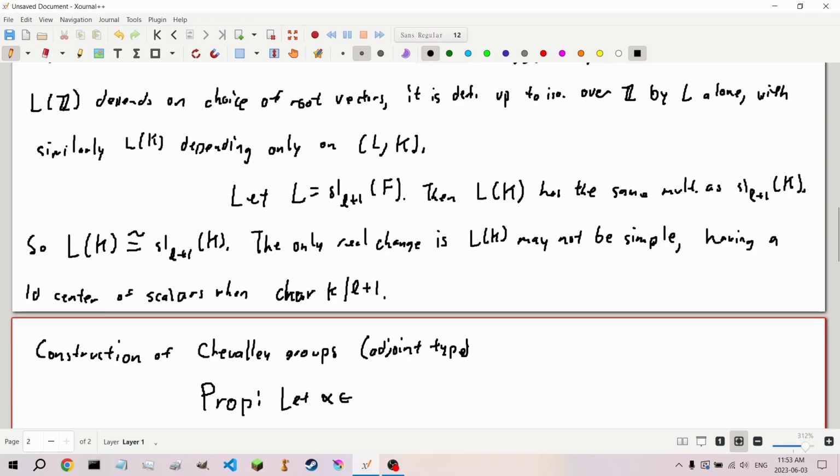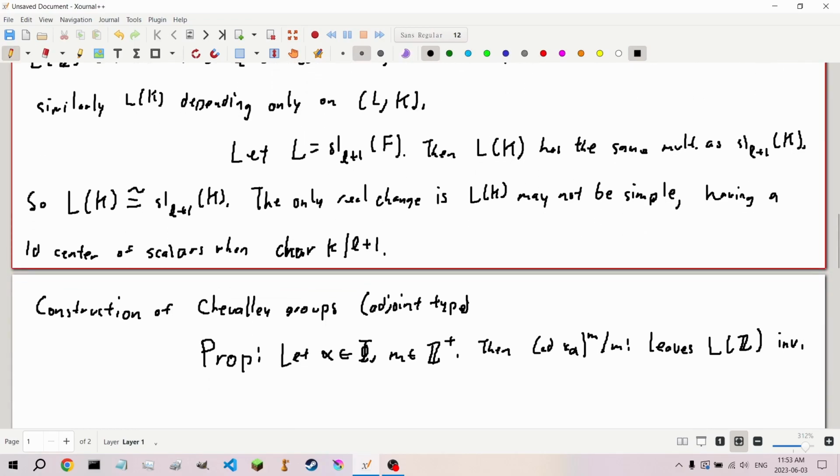Let alpha be in our root system, m be a positive integer. And then the adjoint of x alpha to the m over m factorial leaves LZ invariant. And so this is obviously going to be setting up our exponential function. Let's get our proof.